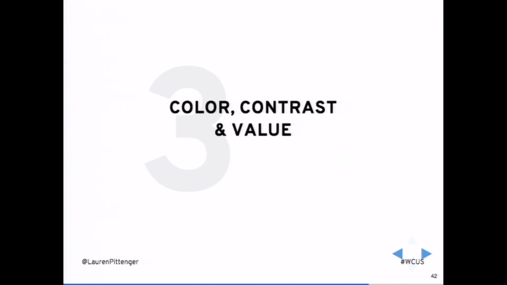The third design principle we should know about is color, contrast, and value. Minimalist design usually uses few colors, like a lot of whites and gray and black. So we can use color very deliberately to draw attention to certain elements.